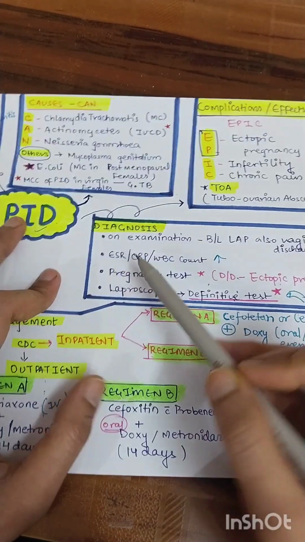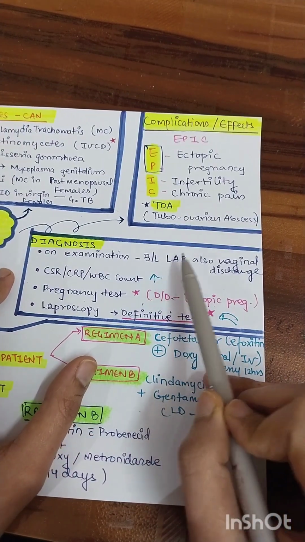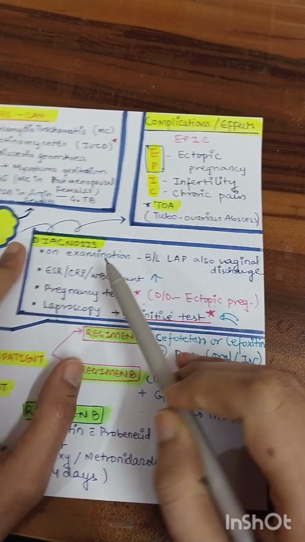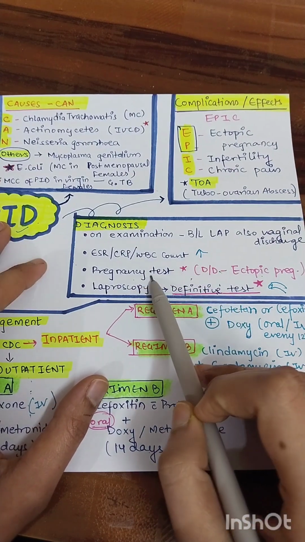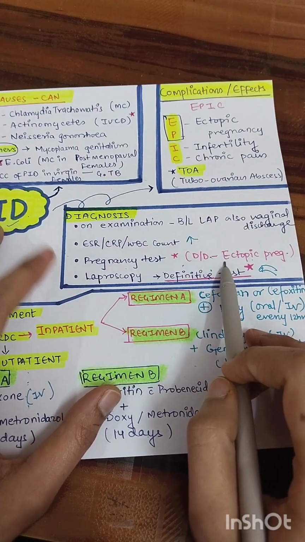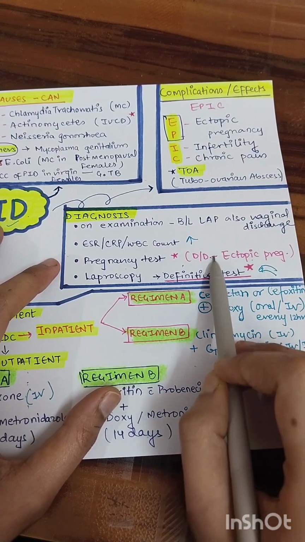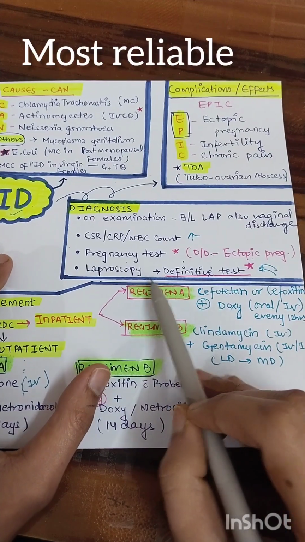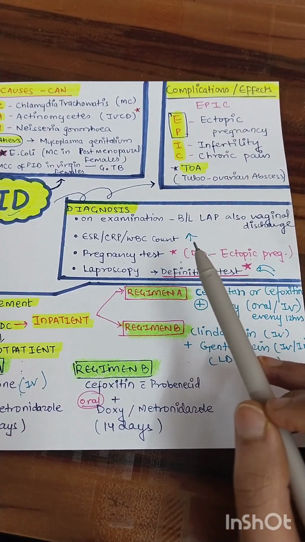For diagnosis, you will first examine the patient for bilateral lower abdominal pain, also with vaginal discharge. ESR, CRP, WBC count will be raised. A pregnancy test you have to do to exclude ectopic pregnancy, because ectopic pregnancy is a differential diagnosis for PID. Laparoscopy is the definitive test, the most reliable method to diagnose PID.